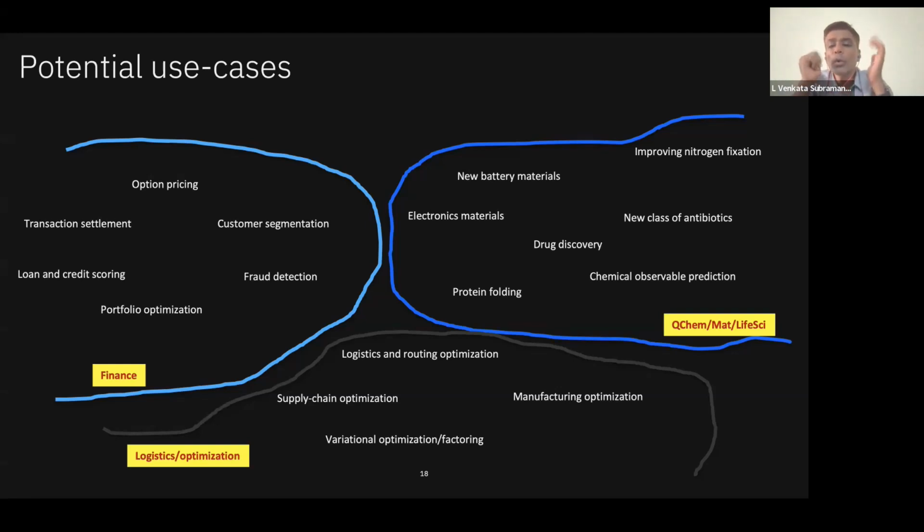Protein folding, a lot of drug discovery. All of this can get affected by quantum, in the way that we are able to look at new materials, new compounds, new molecules, and also logistics and optimization. So we are seeing more and more.